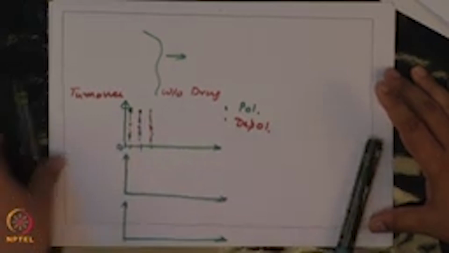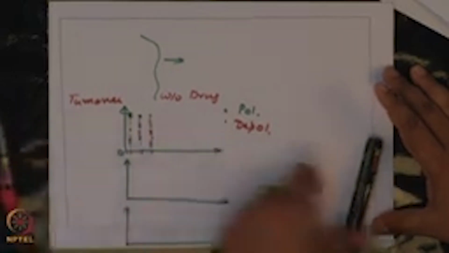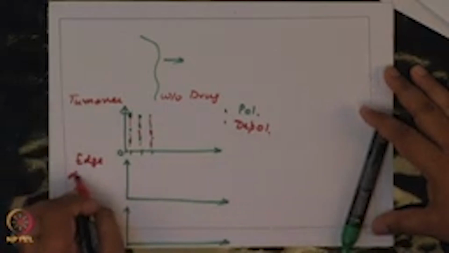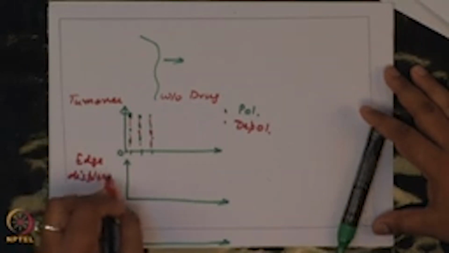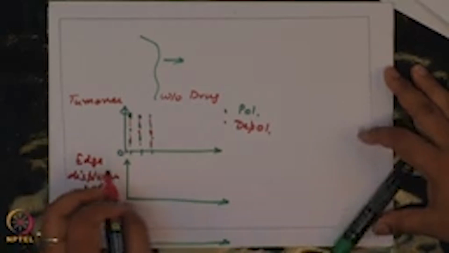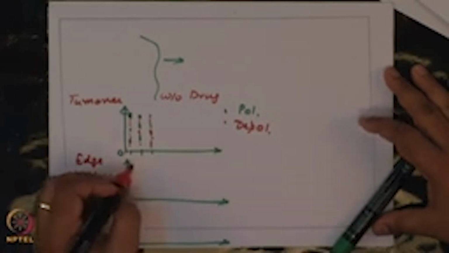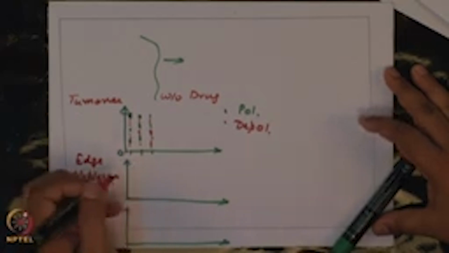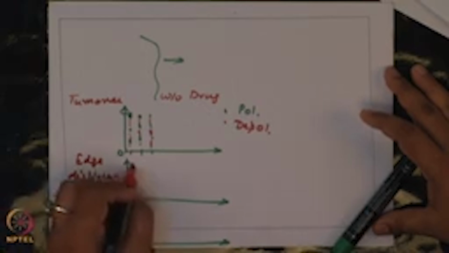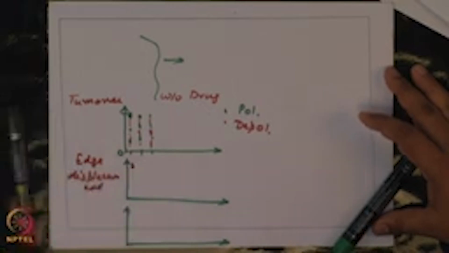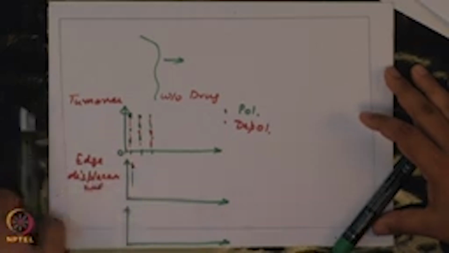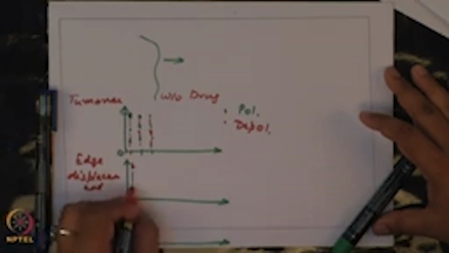If I were to plot the edge displacement, at the positions where I had polymerization previously, I see red, and the rest of the points blue. Again I have red and so on.